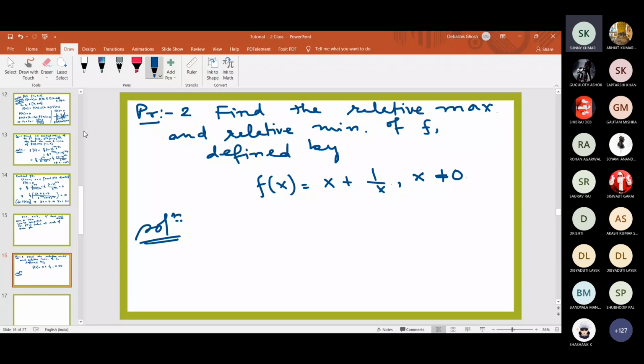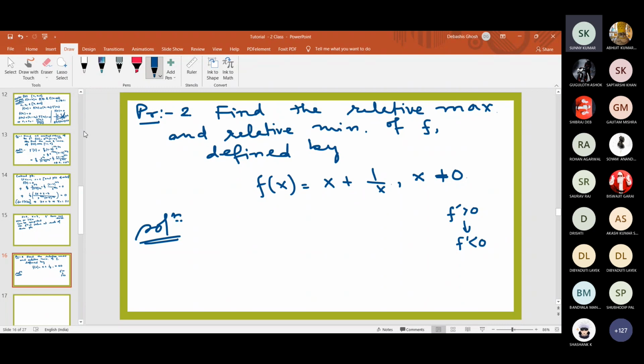So as you know, to find the relative maximum or relative minimum, we have to check the characteristics of f dash, or the change of f dash, that is f dash changing from greater than 0 to f dash less than 0 over an interval, breaking at some point.